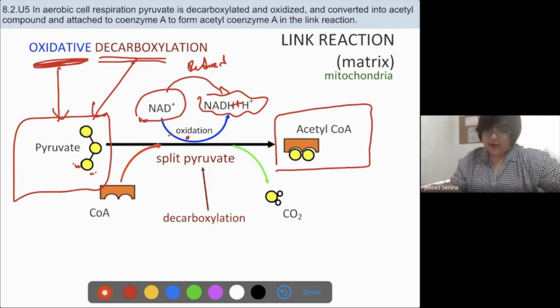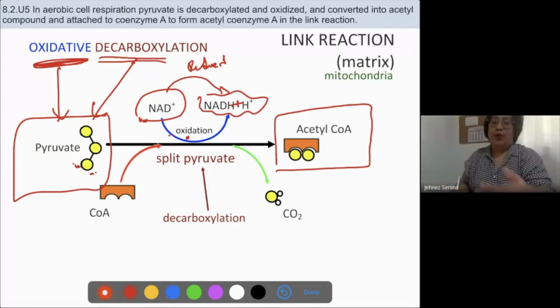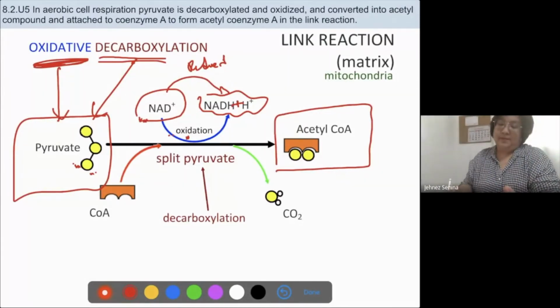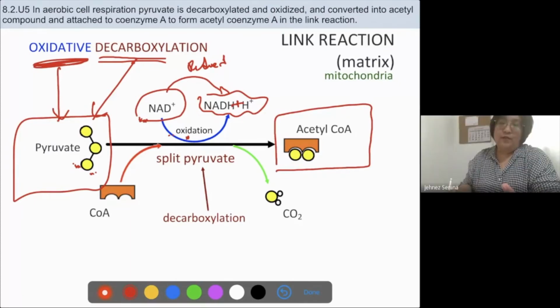Maybe later. All right. Questions here for the link reaction. When you're asked to discuss or explain, talk about oxidation and decarboxylation. The product is acetyl coenzyme A, and you have NADH plus H plus. This is just one of each, right? This is happening to one pyruvate.